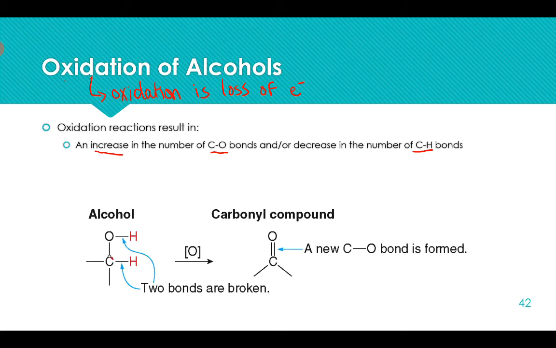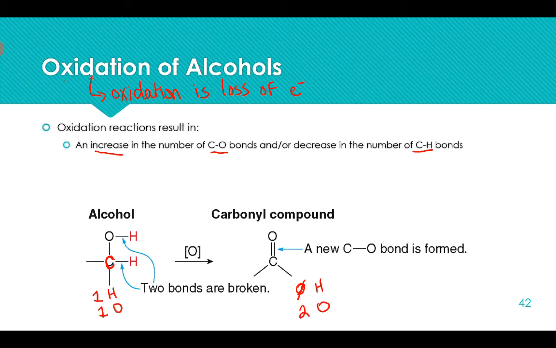So if we look at this carbon here, it currently has 1 hydrogen and 1 bond to oxygen. After this oxidation reaction, it has 0 bonds to H and it has 2 bonds to O.